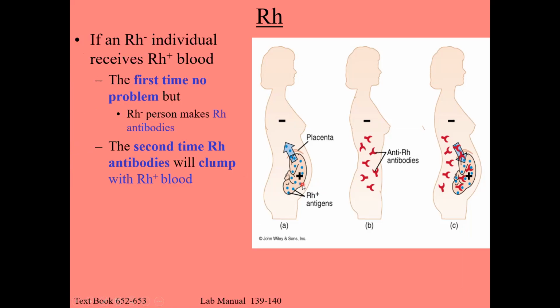No risk. Second pregnancy, mother negative, baby positive, low risk, high risk, no risk? Low risk. Third and subsequent pregnancies, low, high, or no? High risk. What is the basis of the high risk in the third and subsequent pregnancy?